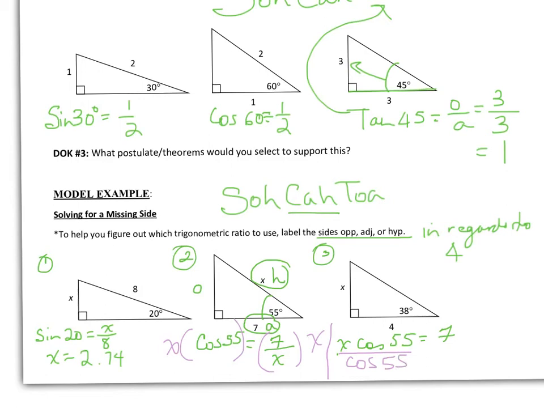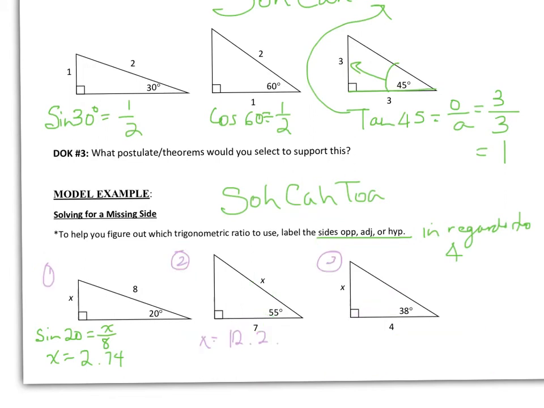Do not calculate cosine 55 yet. So when we cancel out, x is equal to 12.2. Alright, so that is the length of x.